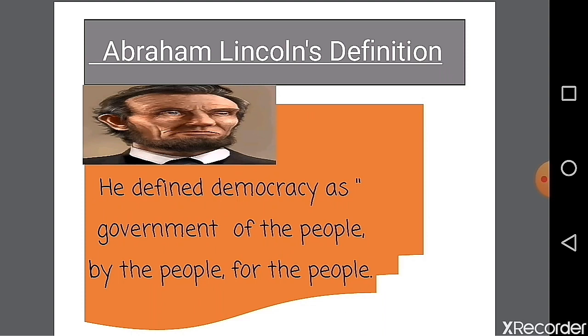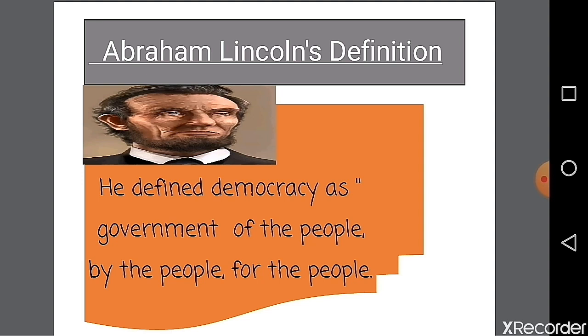So what is democracy? According to him, democracy is the government of the people, by the people, and for the people. It is government of the people. What does it mean? We are the ones who are participating in forming the government.